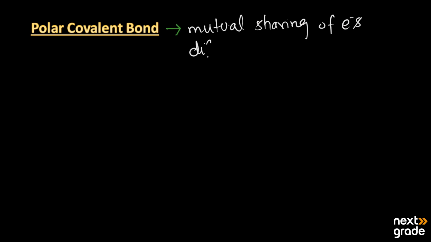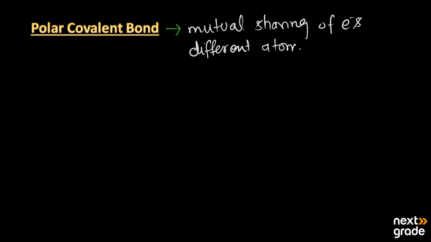The polar covalent bond is formed between atoms by the mutual sharing of electrons between atoms, and these atoms are different atoms.